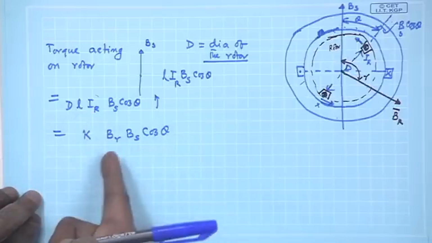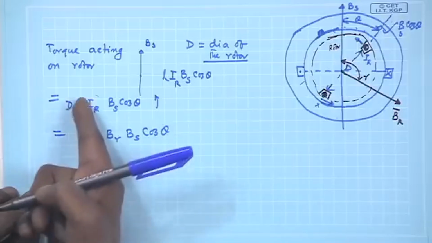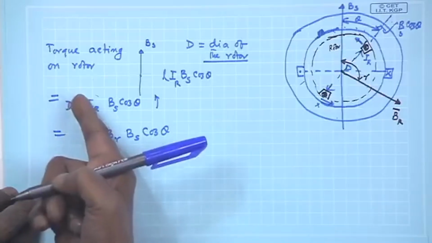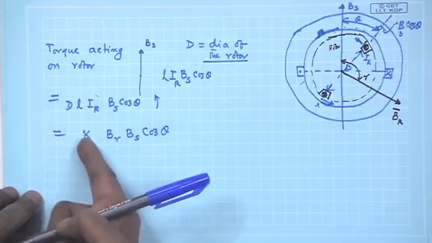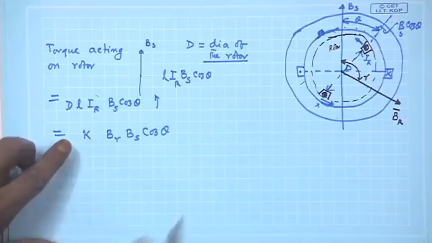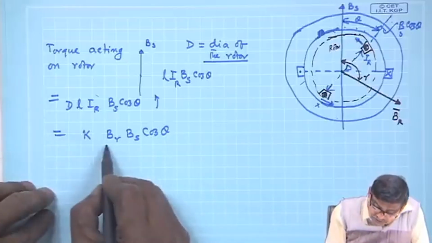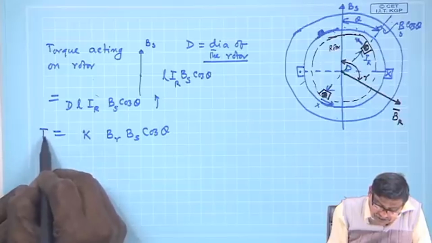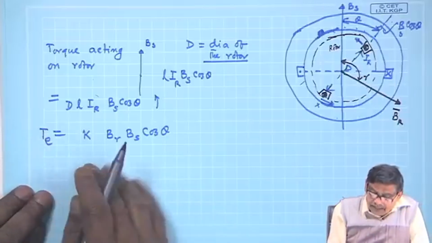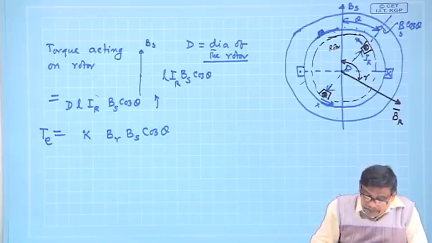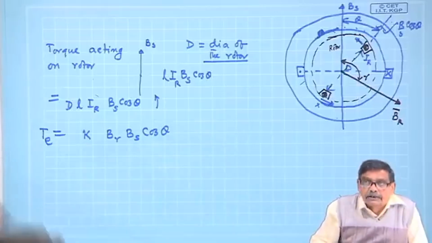Therefore, with some constant k, this dL also gets absorbed in this constant, apart from whatever other constants like mu 0 and so on. So ultimately the electromagnetic torque is k Br Bs cos theta.